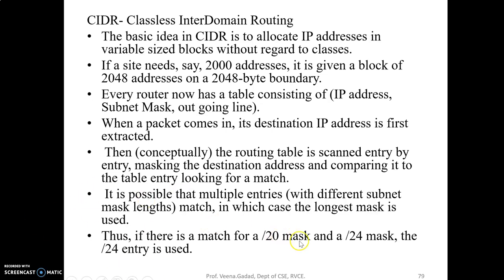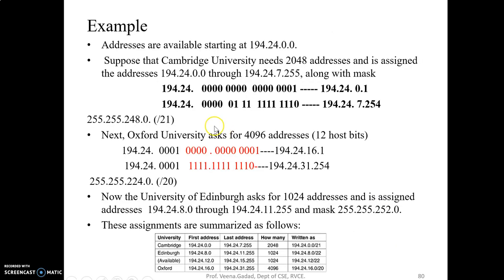So if there is a match for /20 and /24, the /24 entry is used, because there might be another subnetwork within this network to which it has to be sent, right?